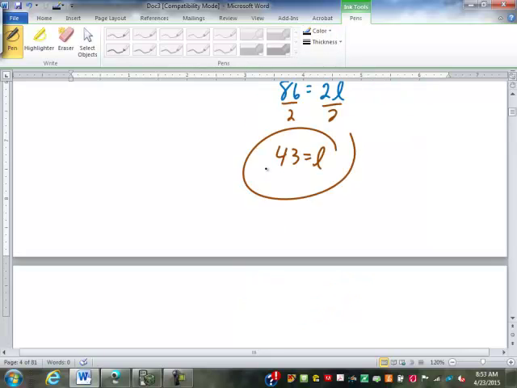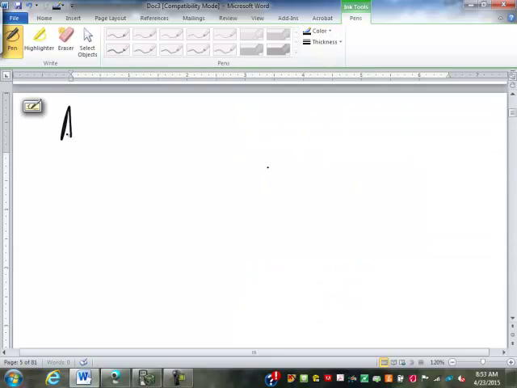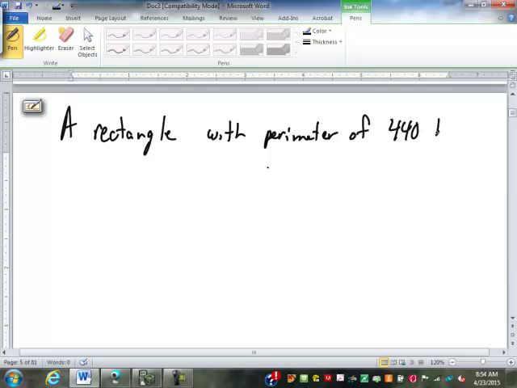We might have a rectangle with perimeter of 440 has a length that is 3 times the width.